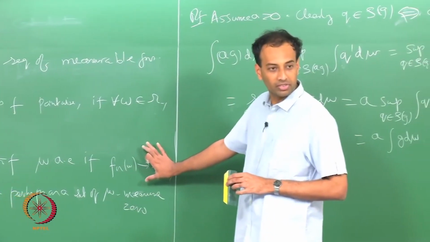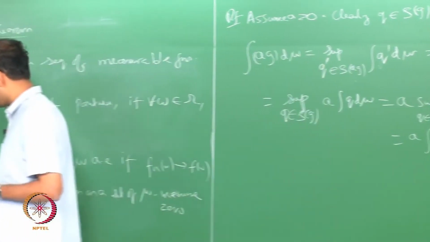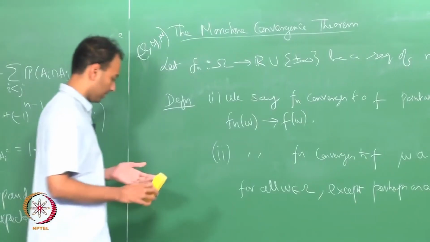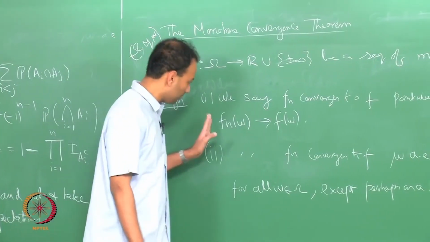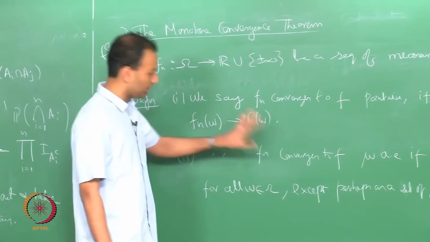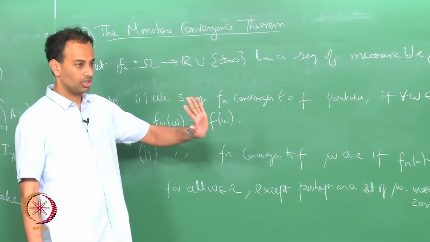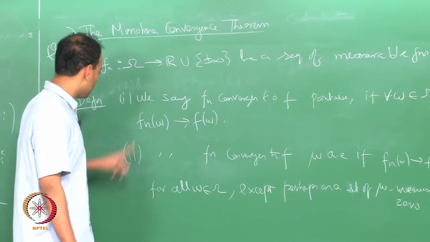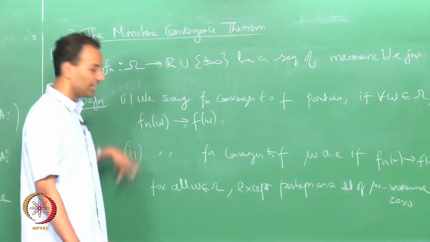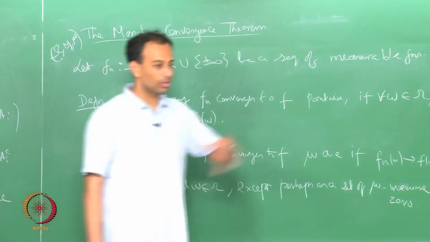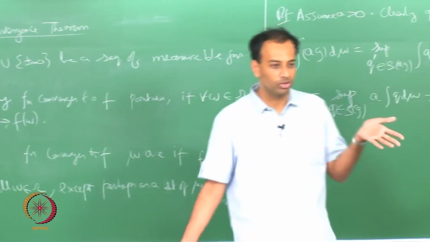So far, the definitions, everybody fine? So, this is pointwise convergence. Now the issue is, a measurable function converging pointwise, the limit f of omega is always measurable. Now the question is, if you integrate f n d mu, you get some sequence of numbers: integral f 1 d mu will be some number, integral f 2 d mu will be some number.